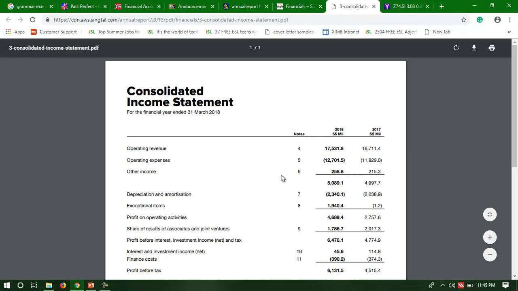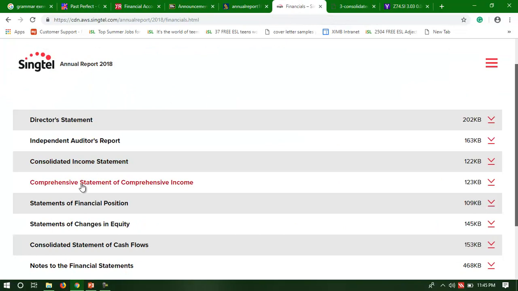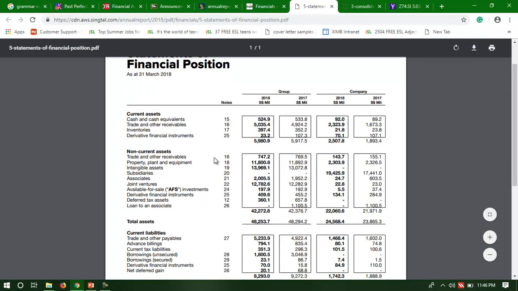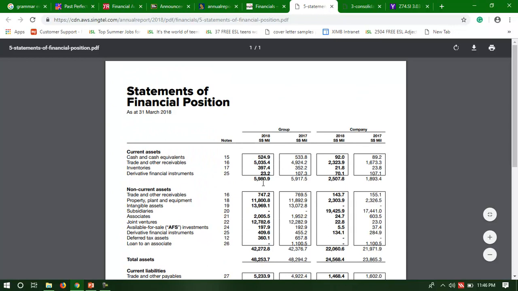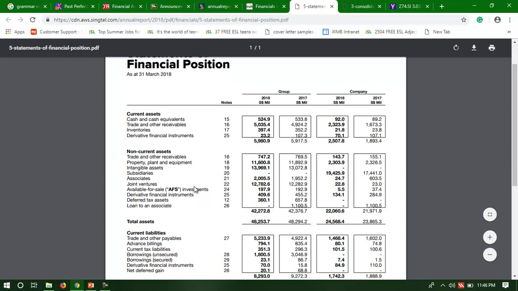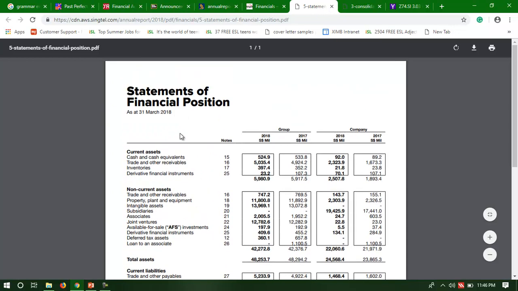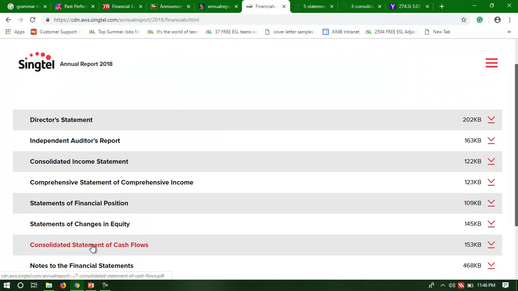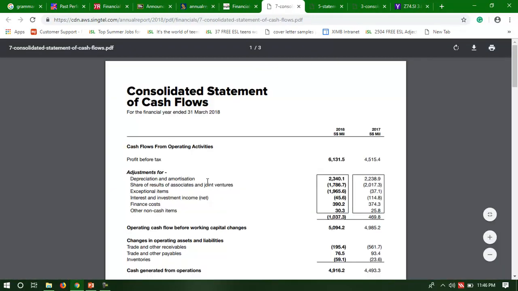Okay? You will understand what this is all about. There are statements of financial position, or balance sheet, of a company. So, in fact, in the early stages of the course, you will start understanding the relevance of these statements like the income statement, balance sheet, and the cash flow statement.